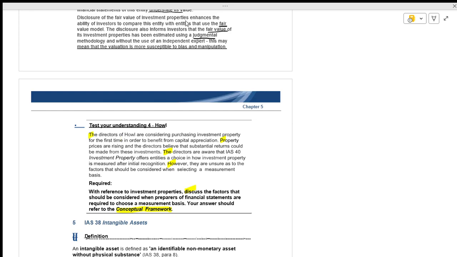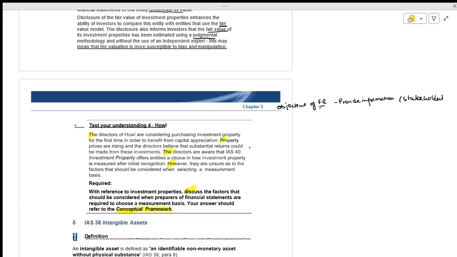I am putting it very briefly. What is the objective? First, we have to see the objective of financial reporting. The objective of financial reporting is nothing but to provide information to the users of financial statements, that is, to all the stakeholders and investors in particular.